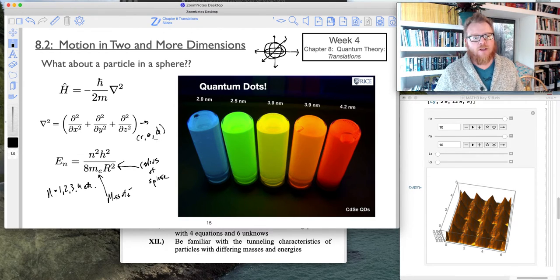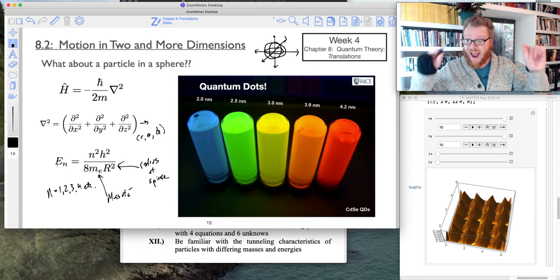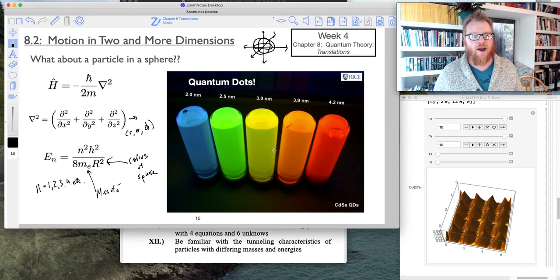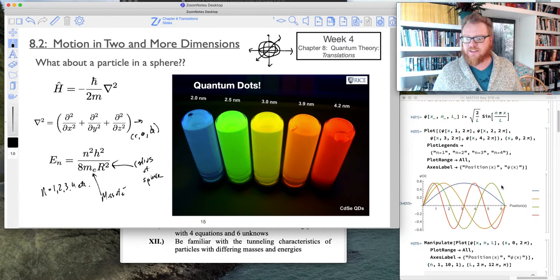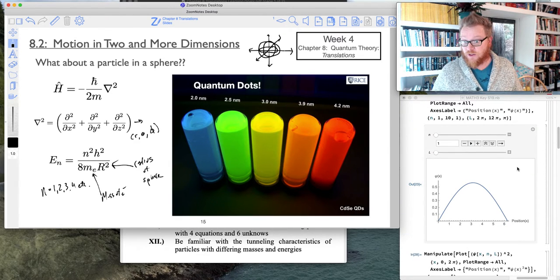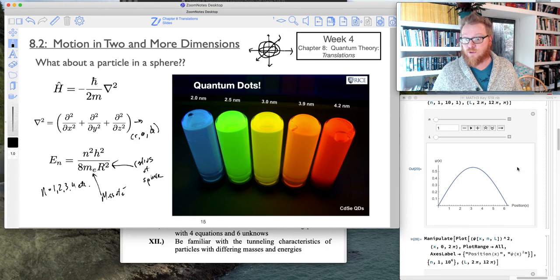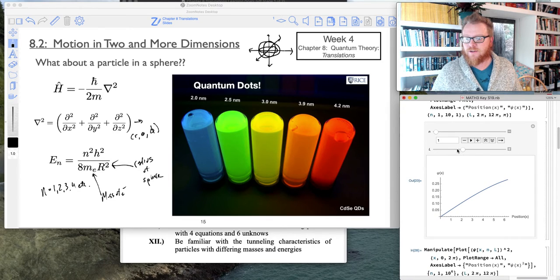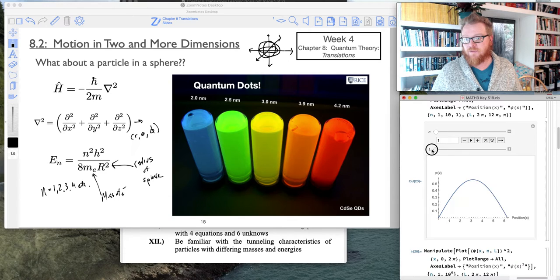If the energy is getting smaller, that means the wave that fits in this box or sphere or whatever gets longer. I'll go back to just the very simple 1D result here. As I make this box bigger, look, the wavelength is getting bigger. As I make the box smaller, the wavelength is getting smaller. So what does that mean for physical reality?